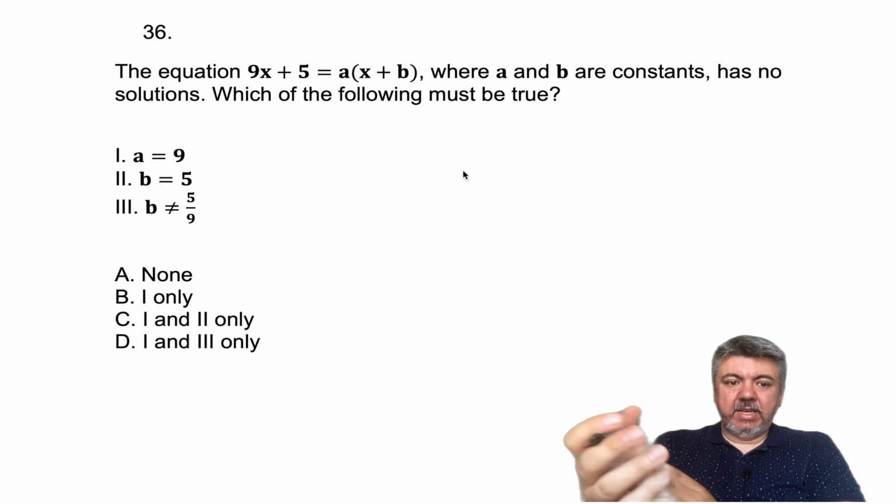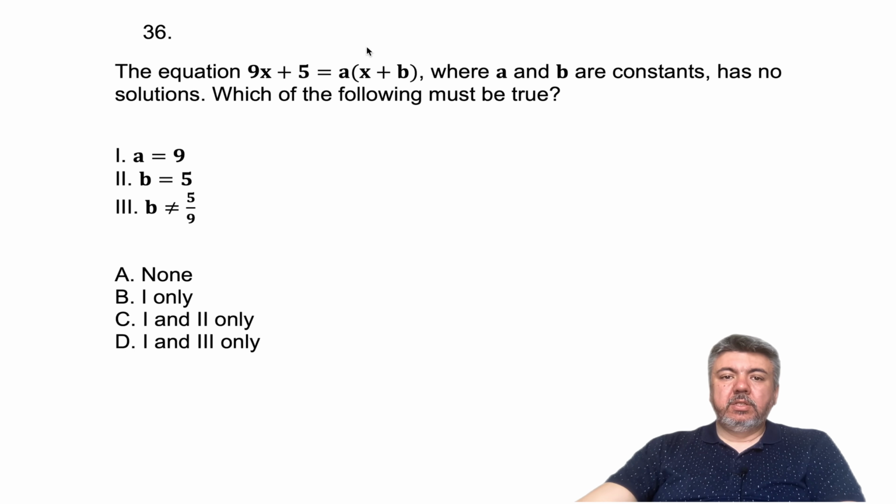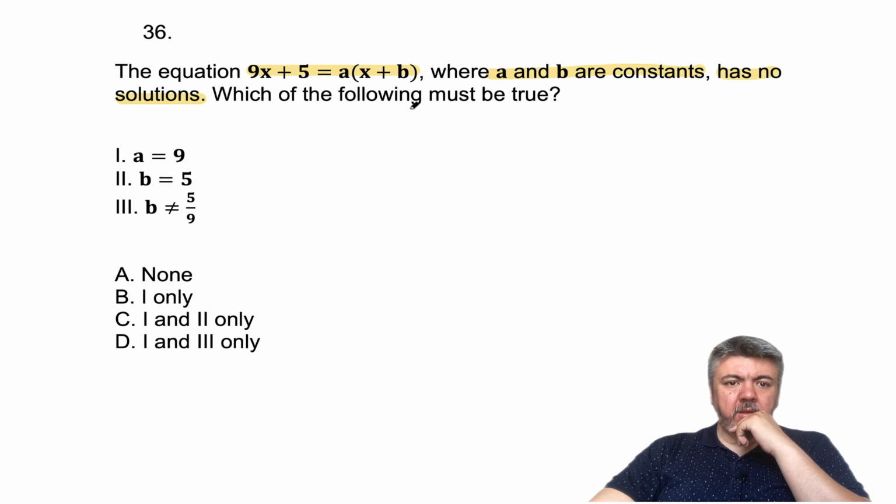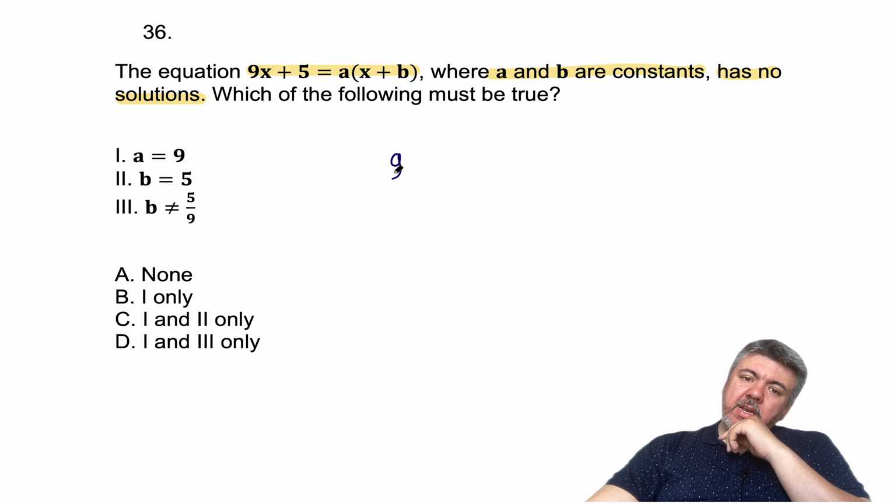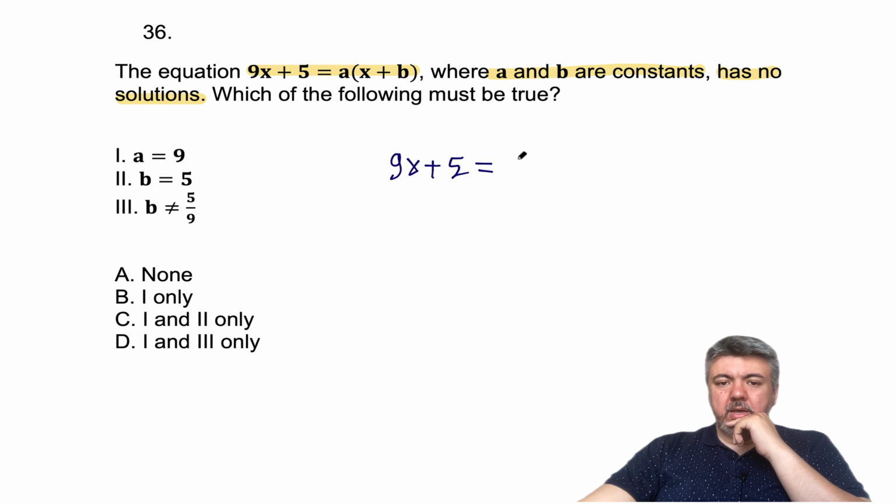Question 36. 9x plus 5 equals a times x plus b, where a and b are constants, has no solution. Similar question with the previous one. What must be true? Let's expand it. 9x plus 5 equals ax plus ab.